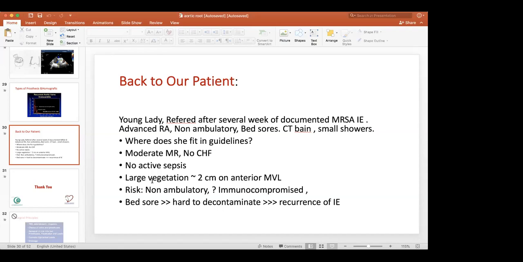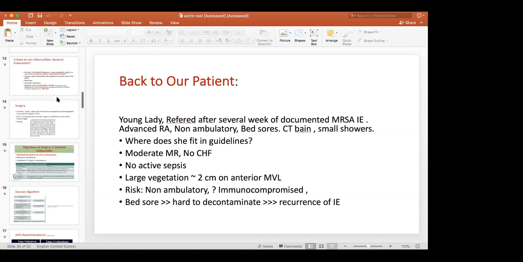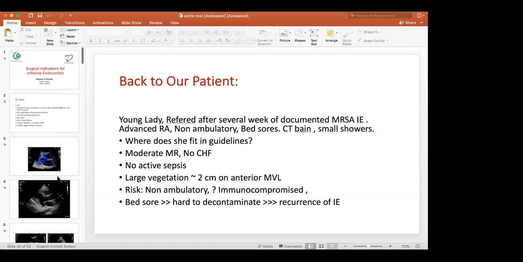So what do you think we should do for this patient? She was not operated on yet, and we are still thinking about her. As an indication for surgery, she is MRSA positive. That's a strong organism.